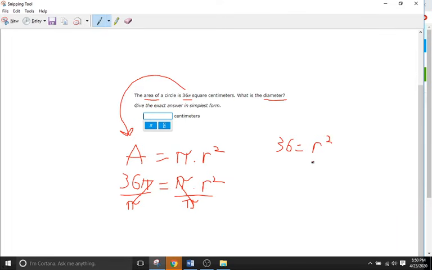Now to turn r squared into just plain old r, or plain old radius, we have to square root both sides, right? Square rooting is just the opposite of squaring. That's all we're doing. So we're going backwards now. The number is getting smaller. So the square root of r squared is just going to cancel out to r.